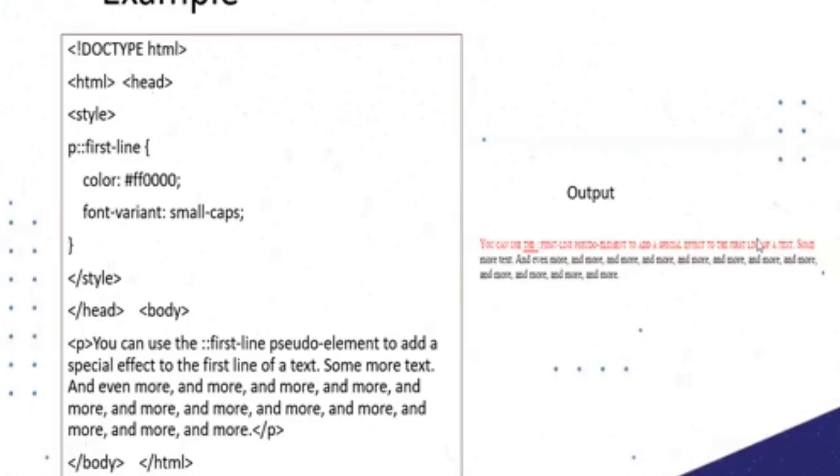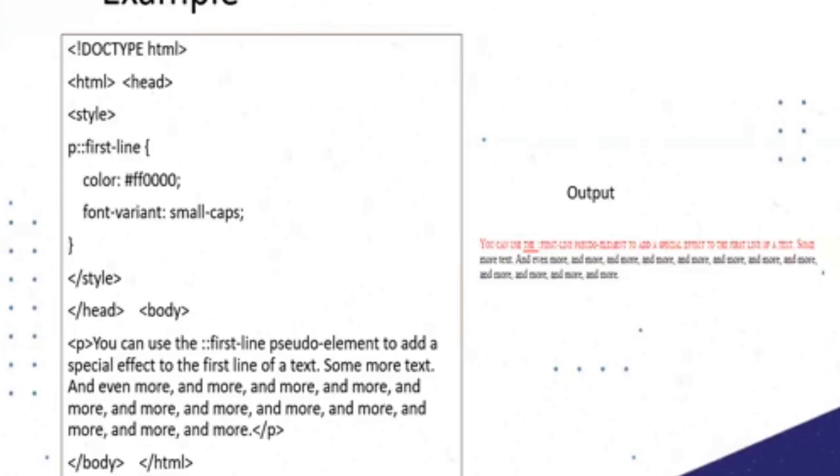Normally the first line would be the one ended with a full stop. But here, it takes whatever the screen takes. Since this screen is this size, it takes this much. If we run this on a mobile phone, it will be only up to this. So whatever the screen takes as the first line, you can give different colors. That is very important.